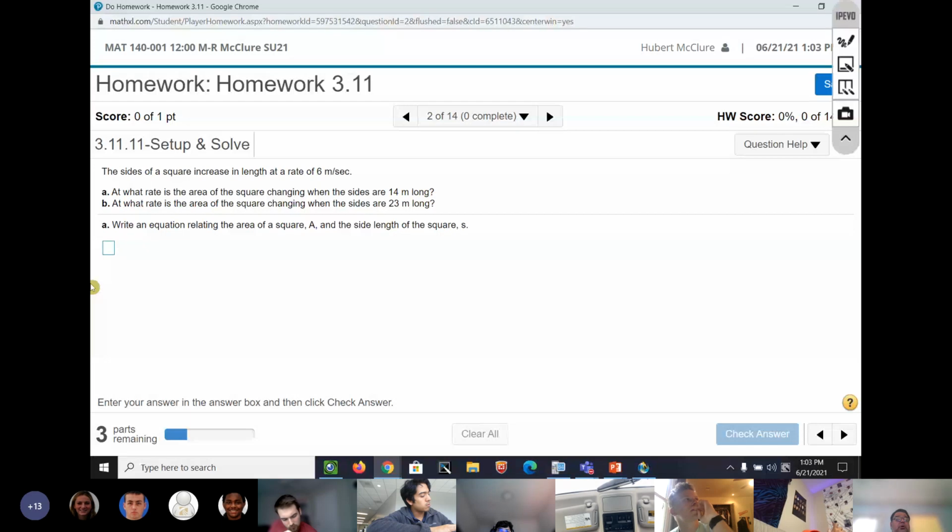Sides of the square increase in length at a rate of 6 meters per second. And what is the area of the square changing when the sides are 14 meters long and when they're 23 meters long? All right, take a second and work that out.